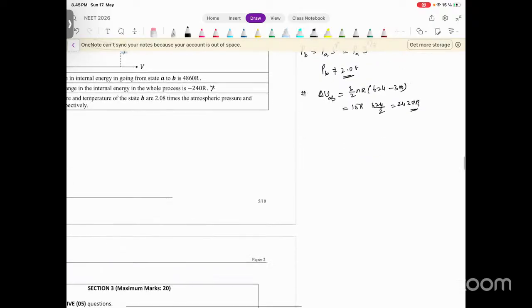The next one. Final state temperature, how much did I get? 284, no? So the final temperature is 284 Kelvin.